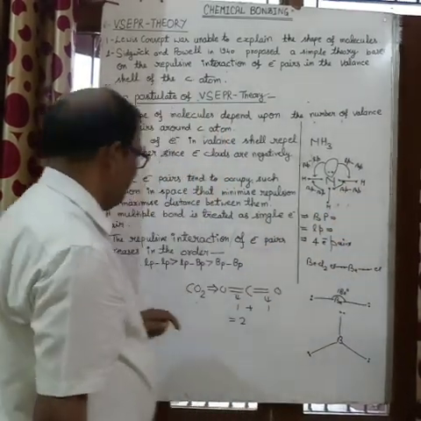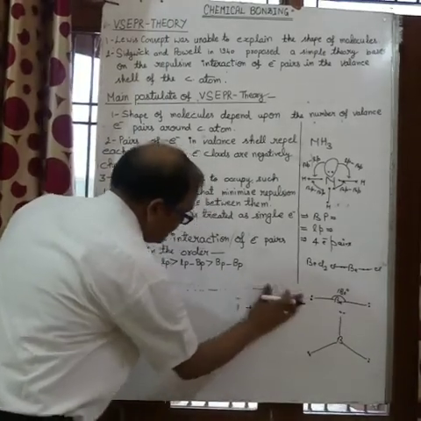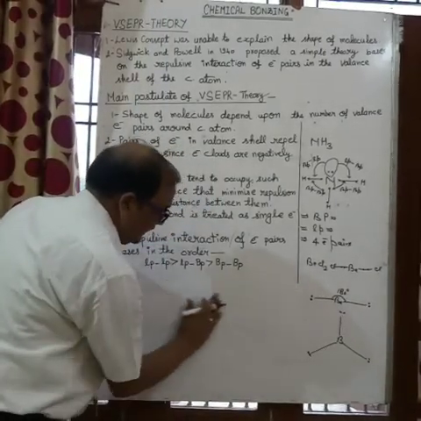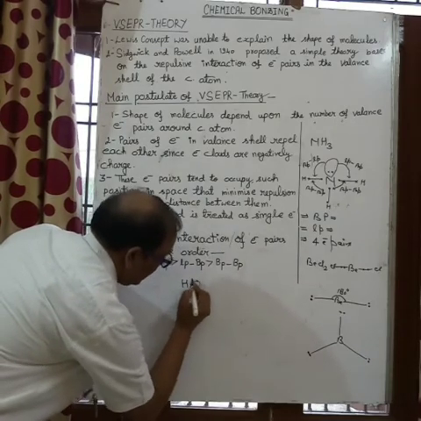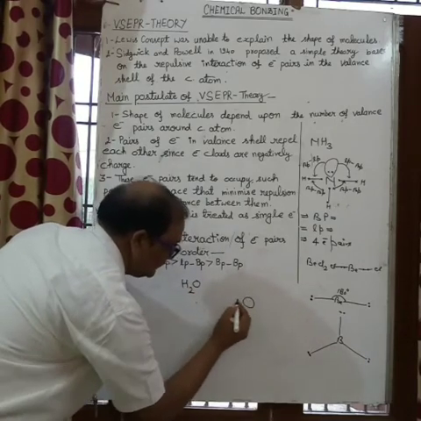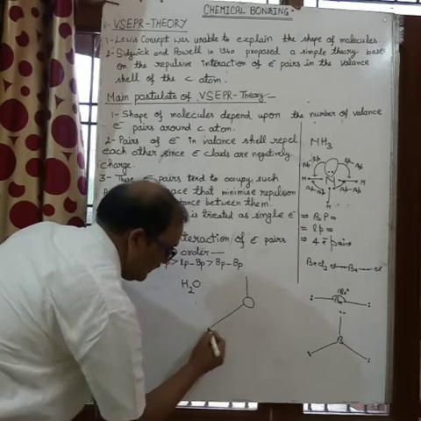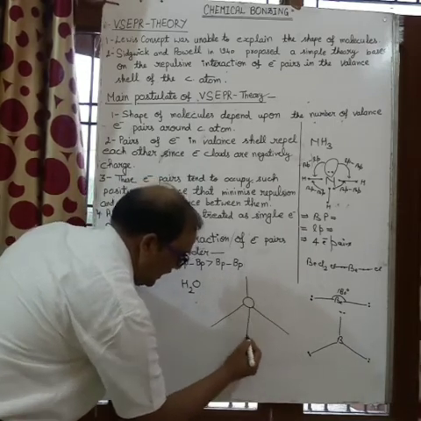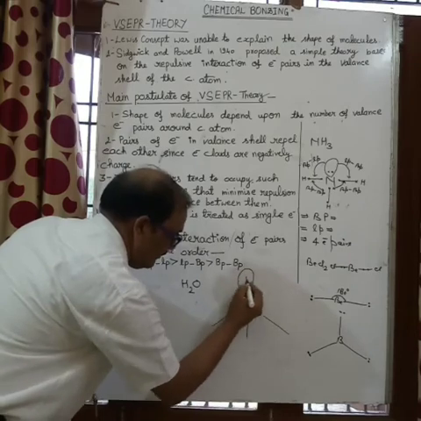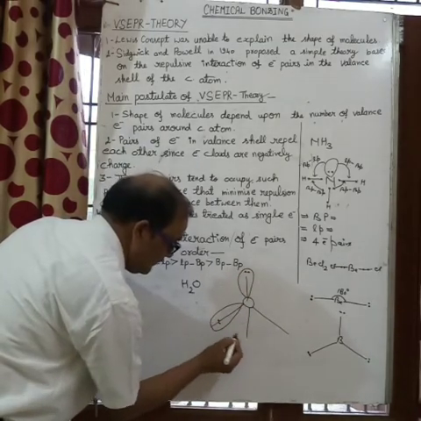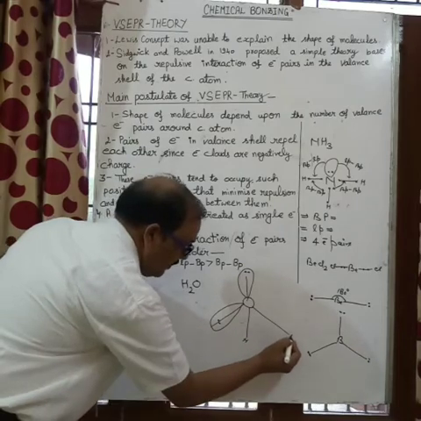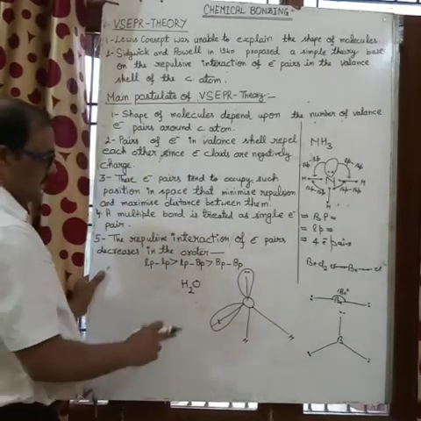And take one more example, H2O. In the case of H2O, oxygen is the central atom, and there are two lone pairs of electrons and two bond pairs.